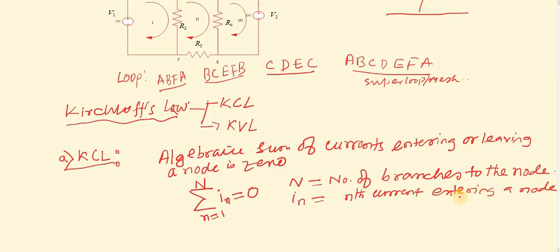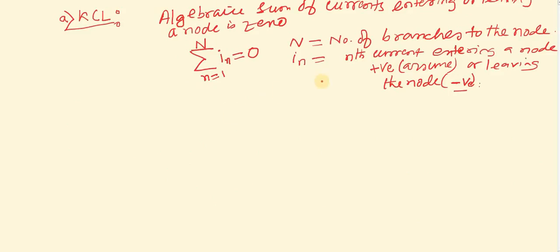A current entering a node is regarded as positive, or leaving the node, we regard as negative. This just says that the nth current entering a node is regarded as positive and leaving as negative.